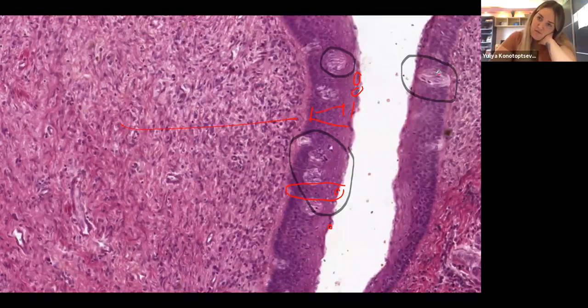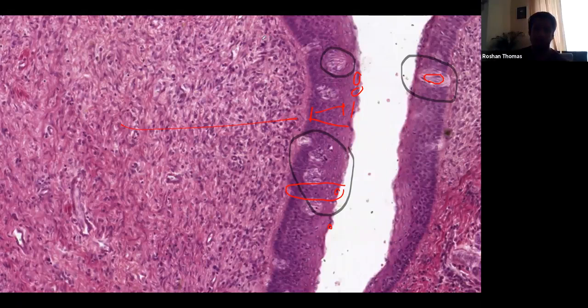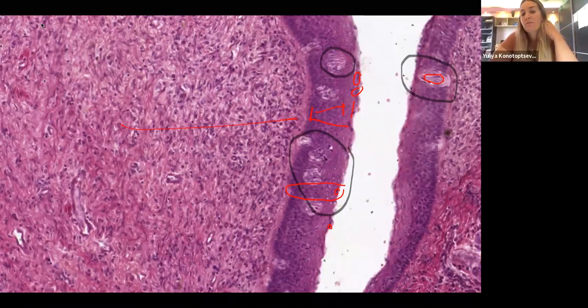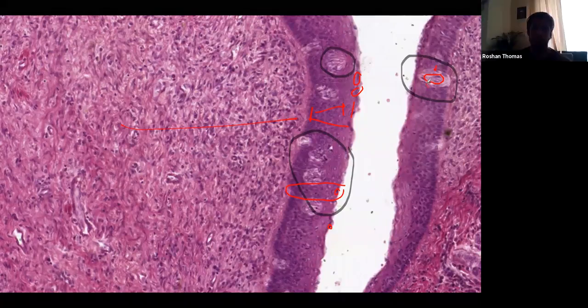How do you call these cells in the center? Receptor cells. Which kind of cells are they? Neuroepithelial cells, type 2. Type 2, very important. On the periphery, we have supporting cells.